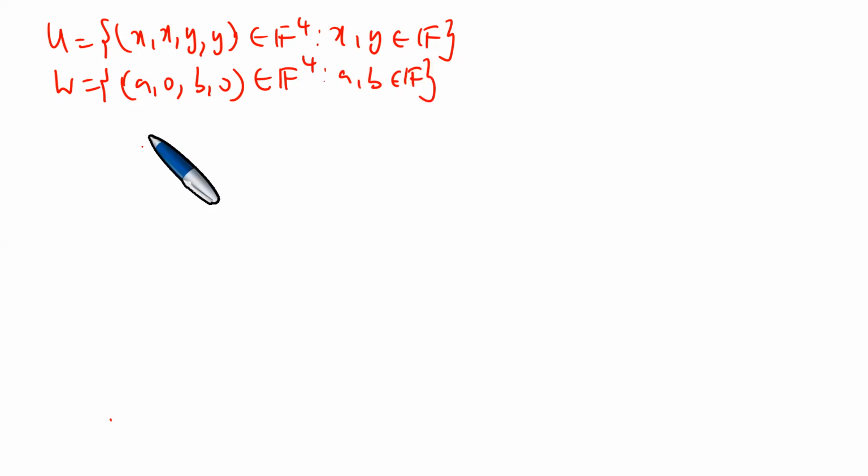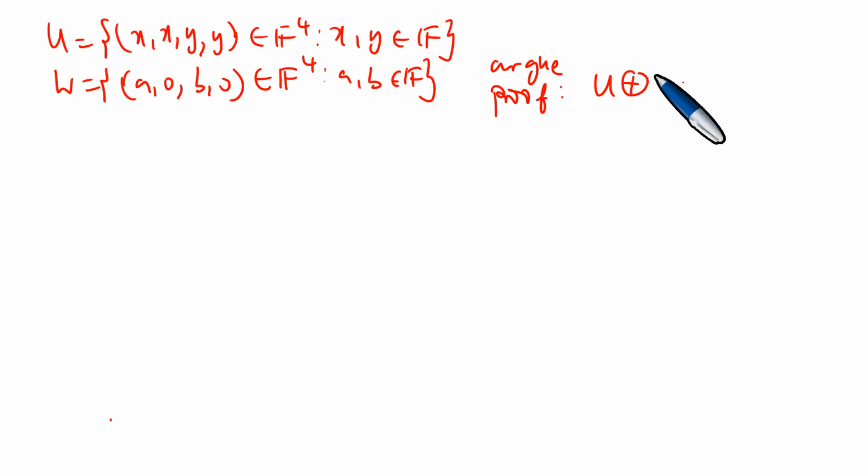So now we need to argue, we need to prove. Obviously a proof is a series of arguments. What do we prove? We need to show that W plus U is actually F4.